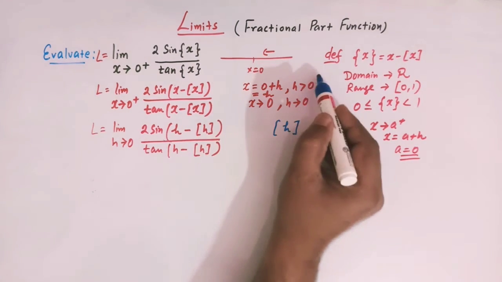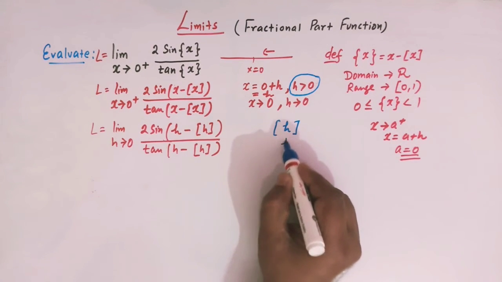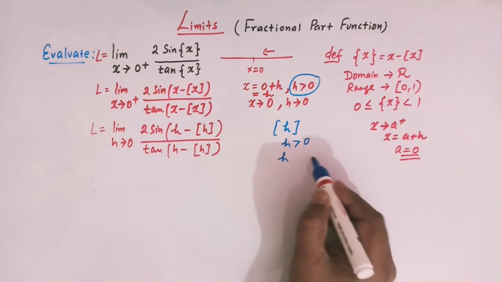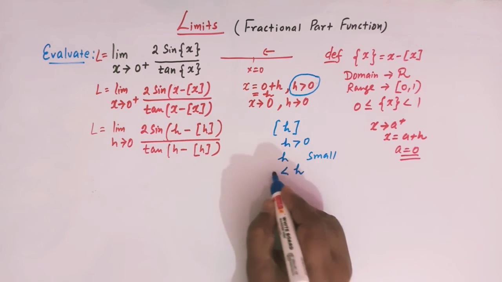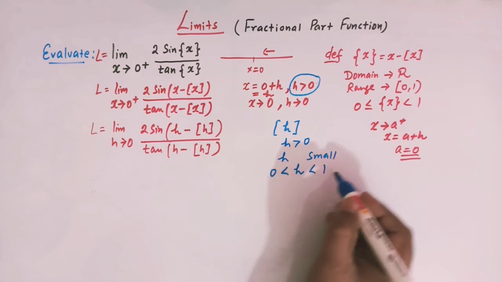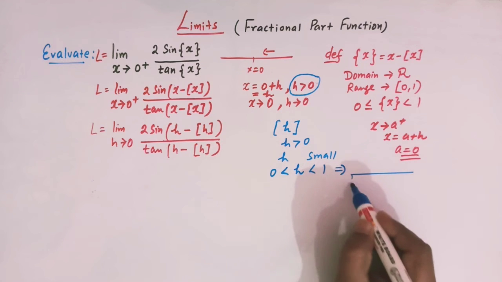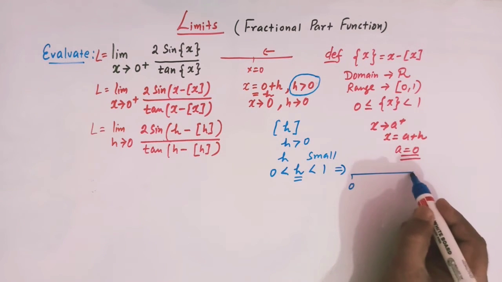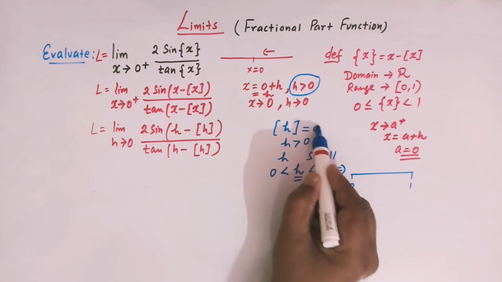For this we make use of the fact that h is greater than 0 but very small. So h is always greater than 0 but less than 1, because h is a positive and very small quantity. So h lies between 0 and 1, and from the definition of the greatest integer function we know that if h lies between 0 and 1, then the greatest integer of h is always equal to 0.